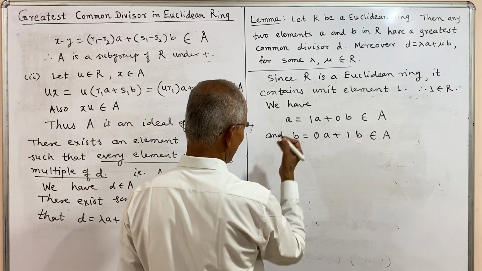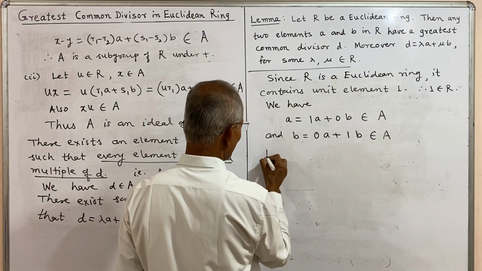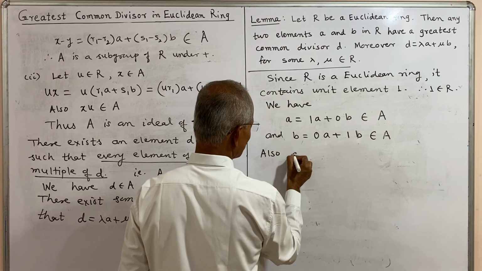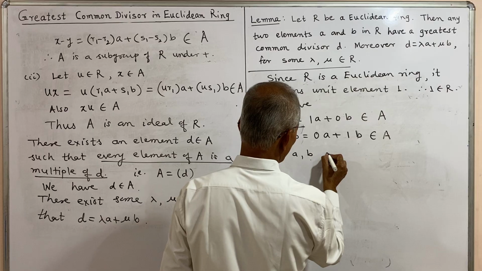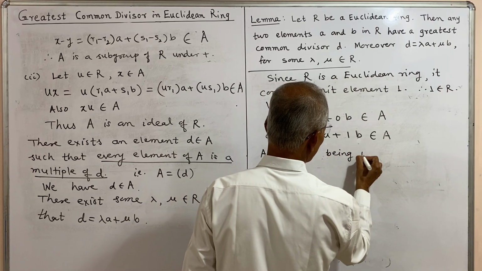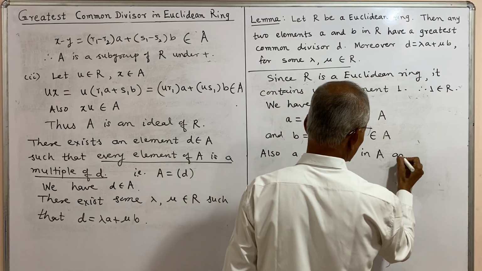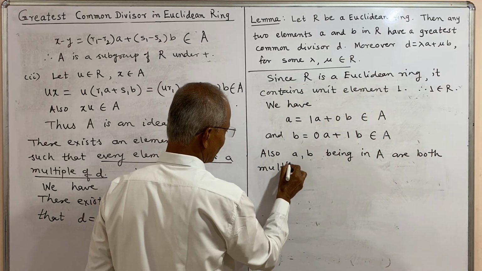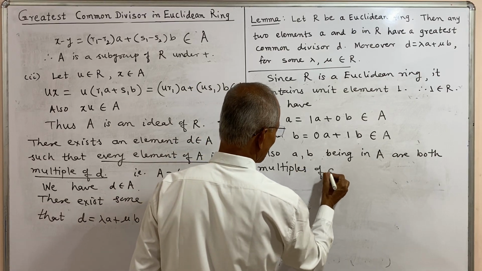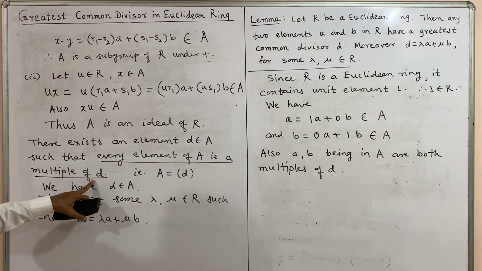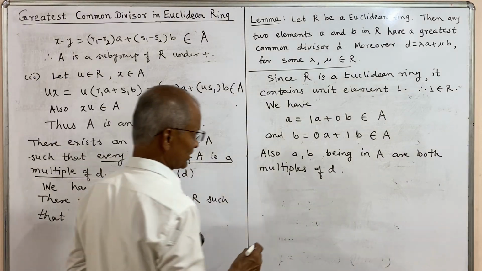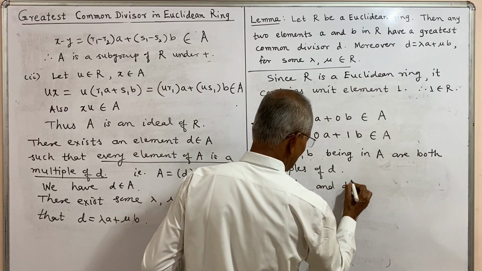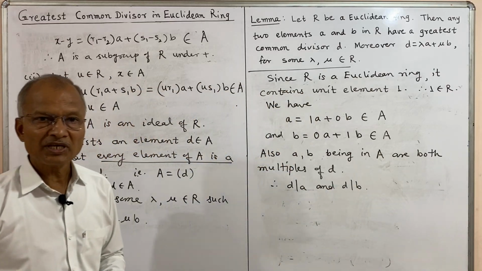Being in the ideal, A and B are both multiples of D, and that means D divides A and D divides B. So this proves D is a common divisor.